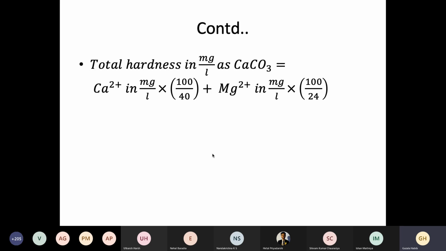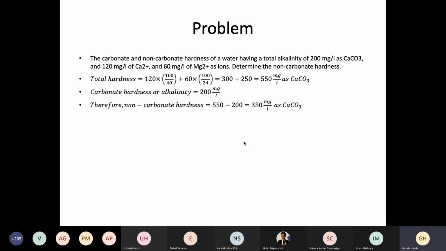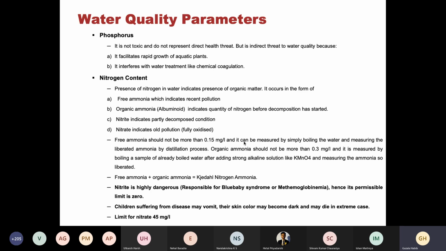Mg2 plus ion present in water in mg per liter is multiplied by molecular weight of CaCO3 upon molecular weight of Mg2 plus ion. So this is the problem, and it is solved. You can just go through it. There is nothing special, it's a very simple problem.